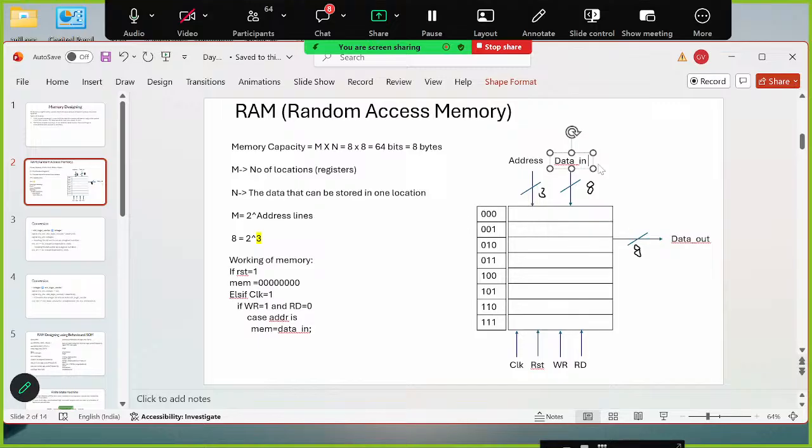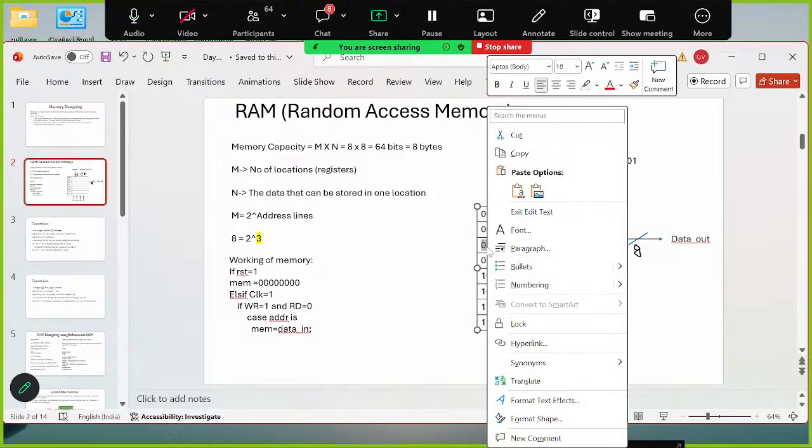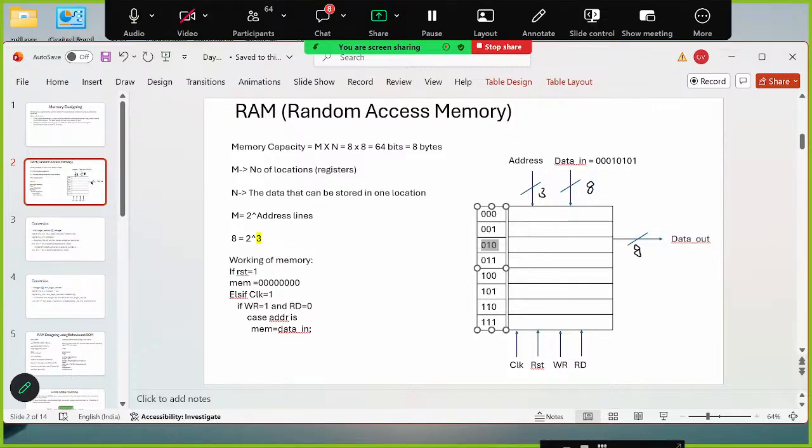Let's say, for an example, 0 0 0 1 0 1 0 1. Let's say this data you have put. After that, you need to put address. Suppose I want to write data into this second location, so I will put address onto these address lines, this address 010.